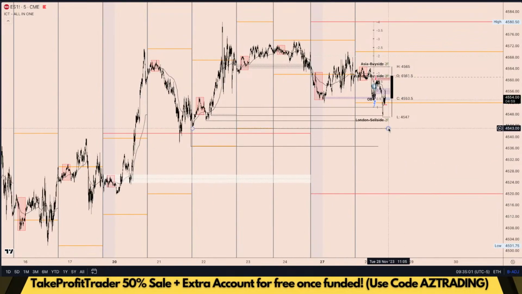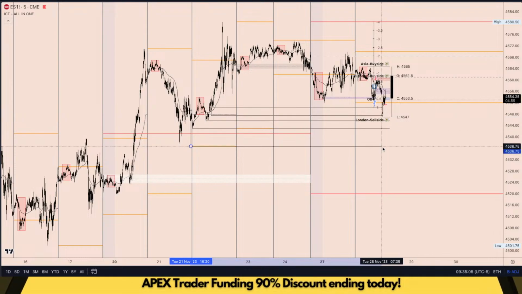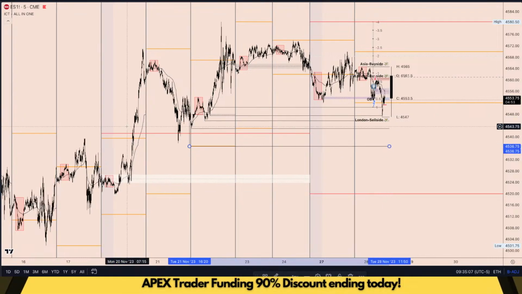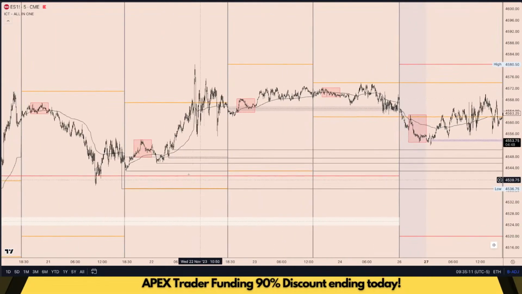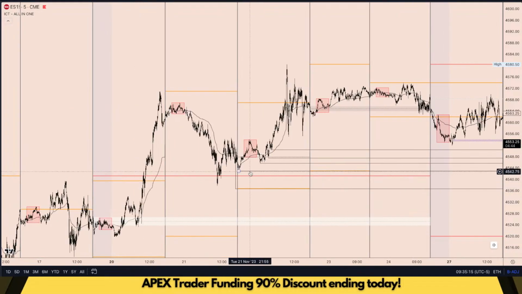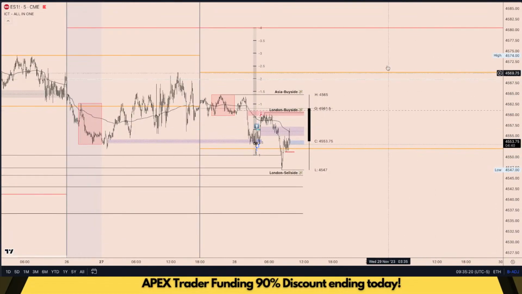That's still some way to go. Extend these sell side liquidity targets out to the downside. Basically every short-term low here, or relative equal low to the left, or from Tuesday, the 21st of November, if we want to dig down lower.